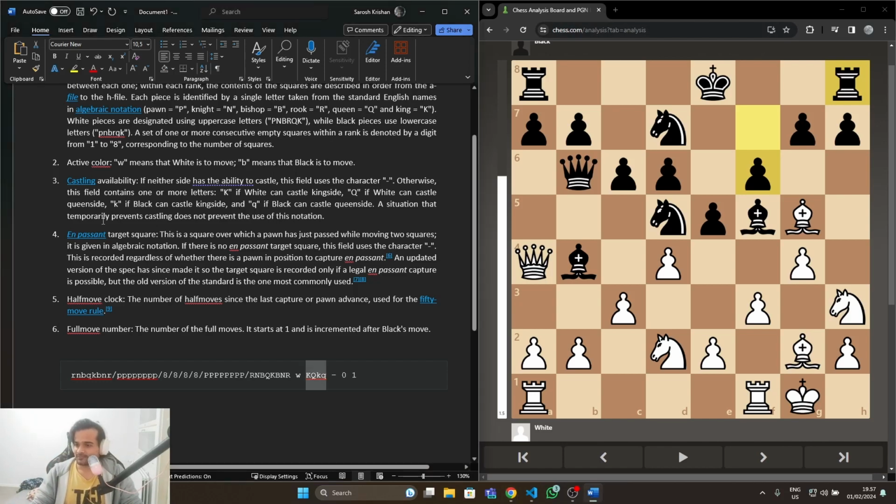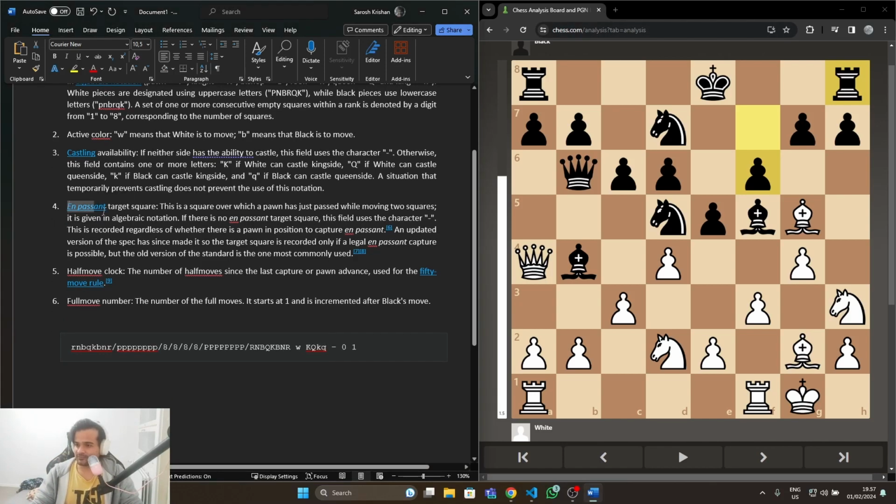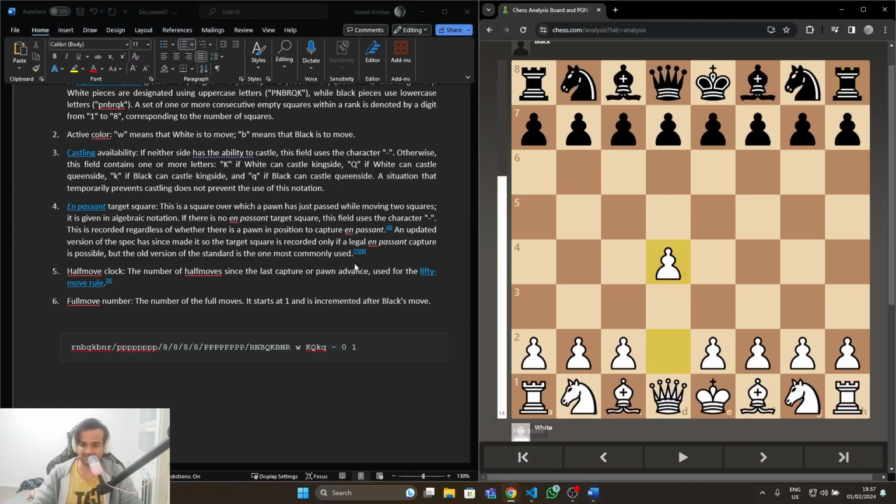Anyway, after that, en passant, the target square. This to me is the most annoying and tricky one, because this is the square over which a pawn has just passed. It's the en passant.